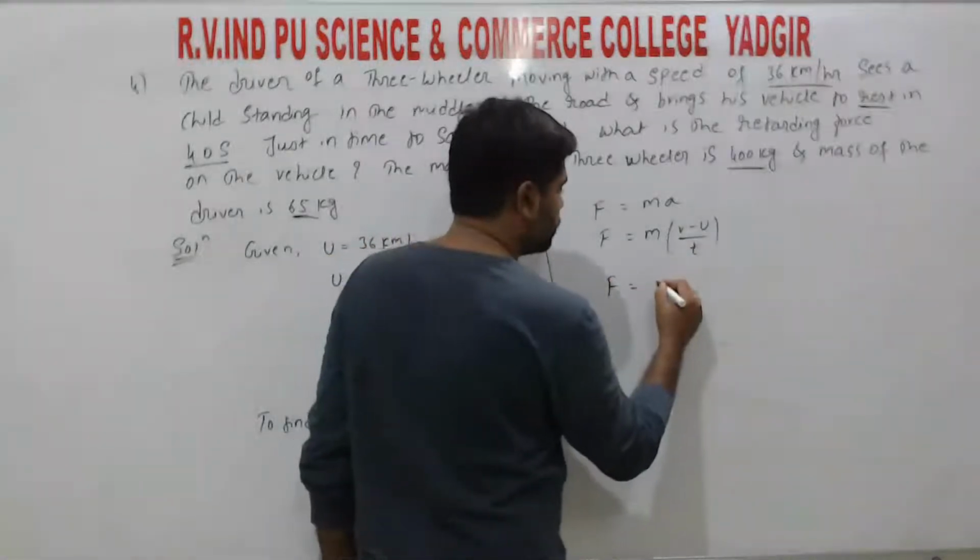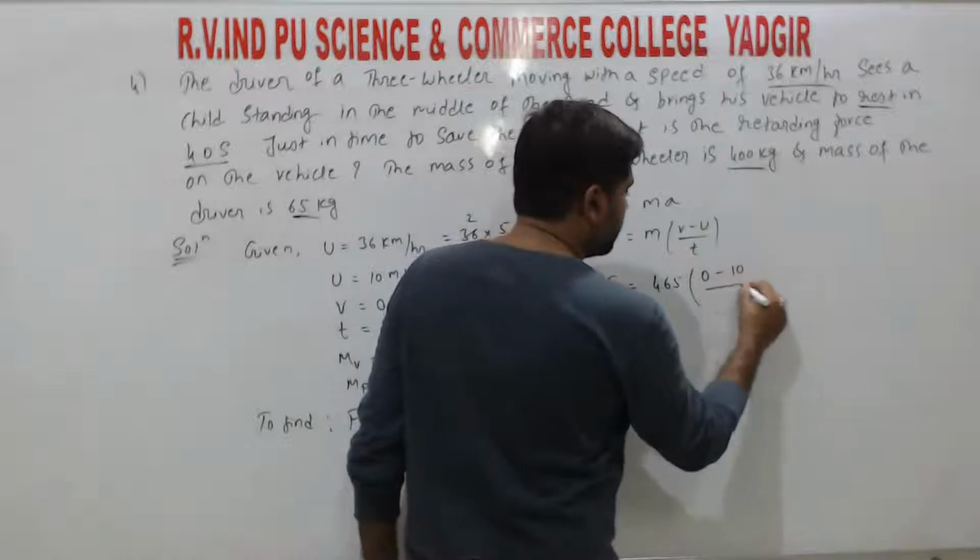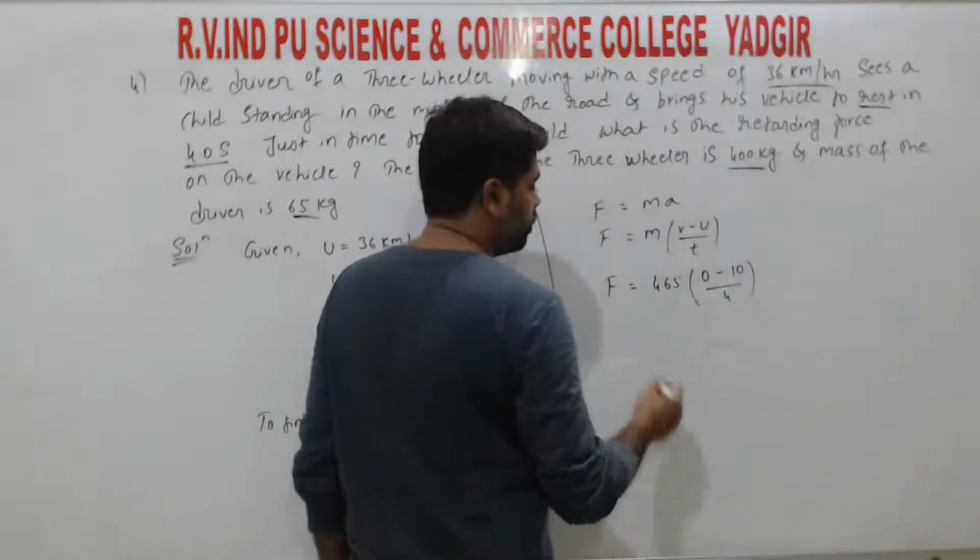So F is equal to 465 into (0 minus 10) divided by 4, right?